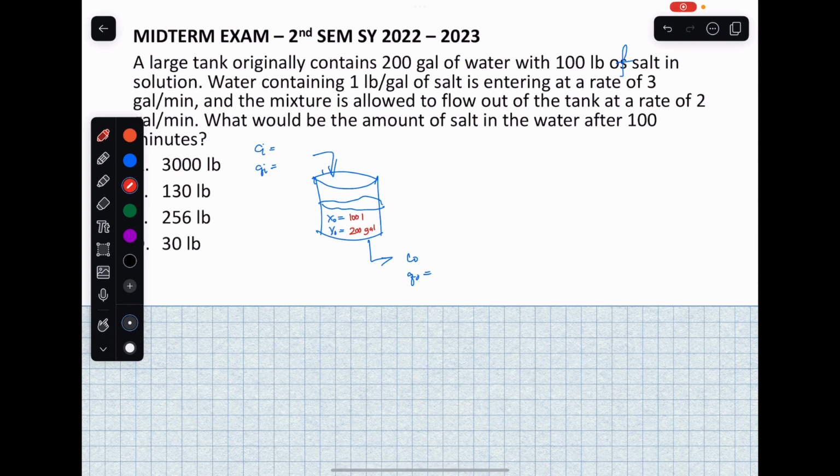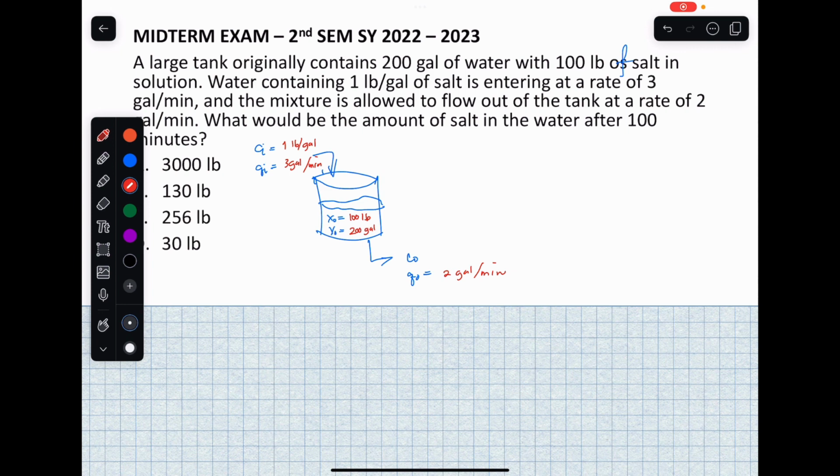It contains 1 pound per gallon of salt entering, so the concentration is 1 pound per gallon, and it flows in at 3 gallons per minute. It flows out at a slower rate of 2 gallons per minute.